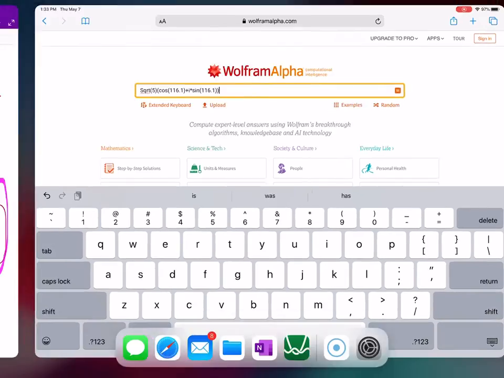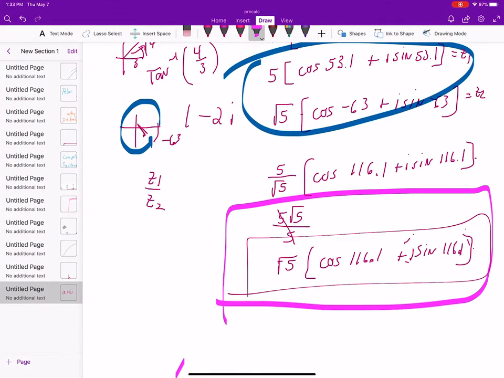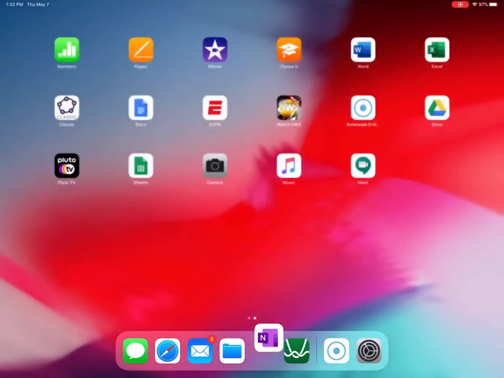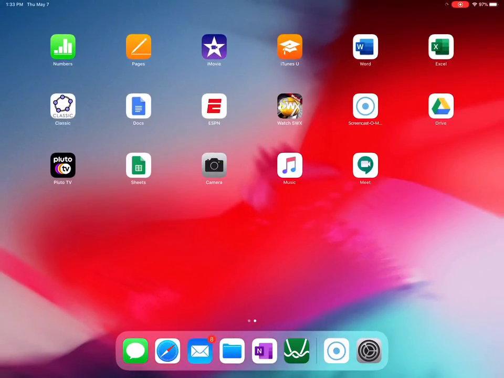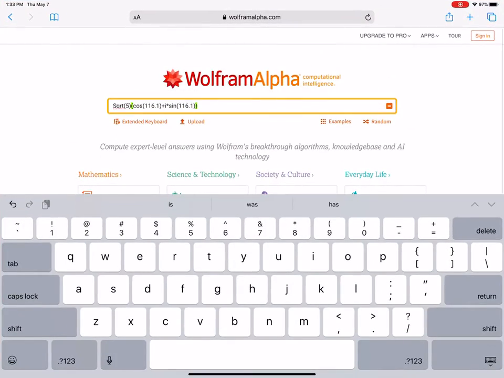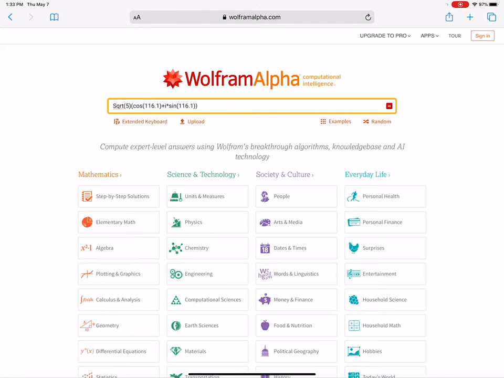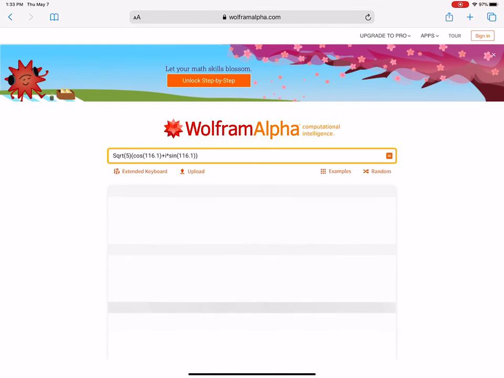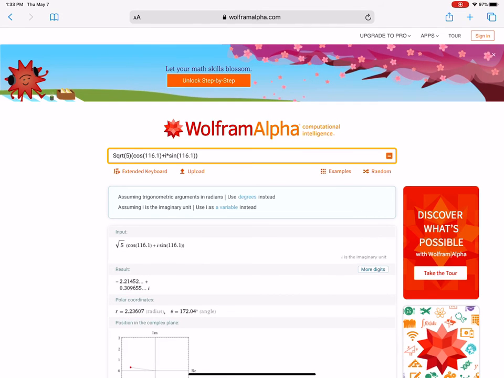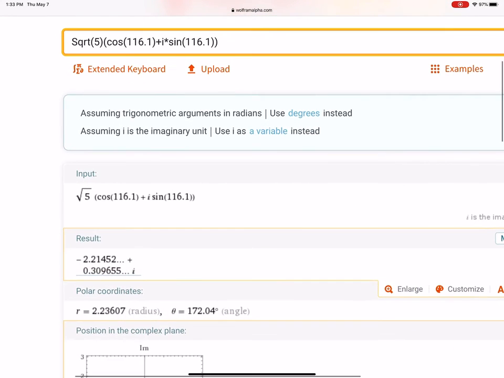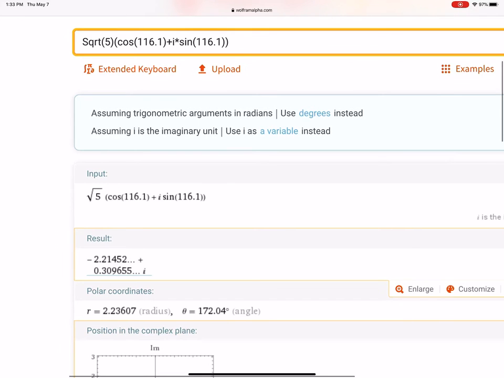I'm going to double check and make sure that that's what I had, 116.1, square root of 5, yes it is. All right, let's see what it is. So I'm pushing the little equal sign there. And it's got it down here. I don't know if you can see it, see if I can make it bigger. The result is negative 2.21 plus 0.0309i.